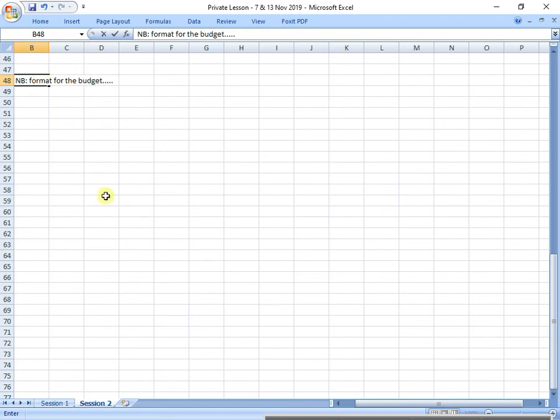But the main purpose of the budget is to group receipts and payments separately, then summarize. Okay, so I'm just going to give you my formats. We'll look at whatever format you've got in your test paper, your past paper. Right, so my formats.